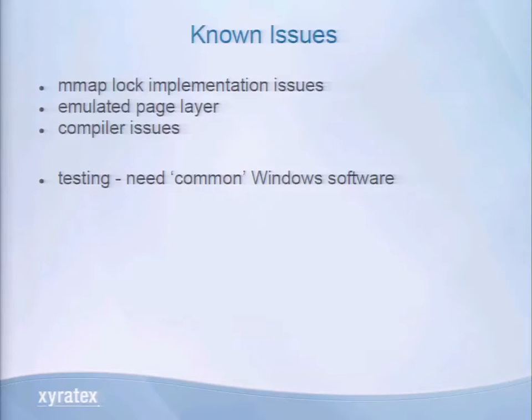So the known issues: the mmap lock implementation has issues. For a good beta that people could actually use, we would really need to fix a couple of things in this mmap implementation. And I'm told that mmap is relatively important. A lot of people use it. So we would have to address the issue.